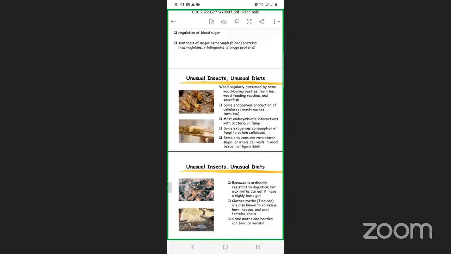Third one is about the parasitoids. These parasitoids are those insects whose larvae live and feed within the host.